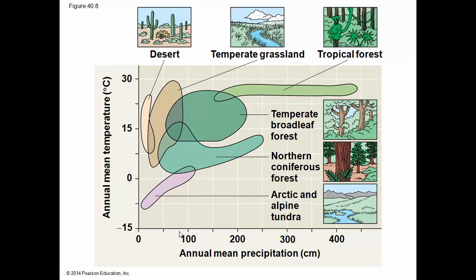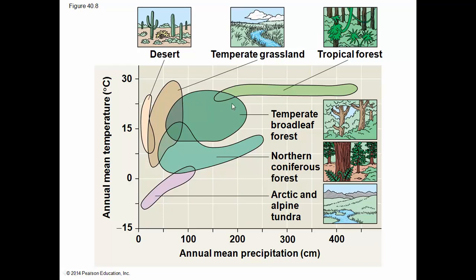You've got precipitation. Let's look at the temperate broadleaf forest. That's our biome. Precipitation between say 50 and 250 centimeters per year, and the annual mean temperature of between 14 and 28 degrees Celsius.